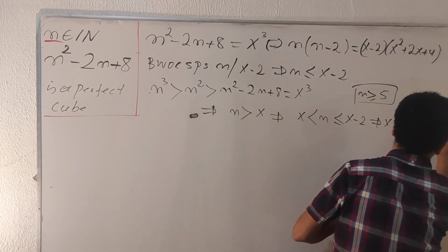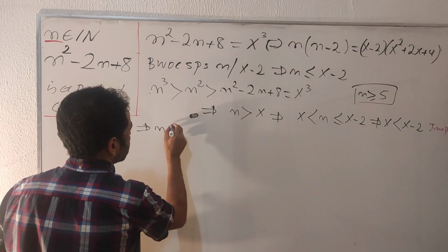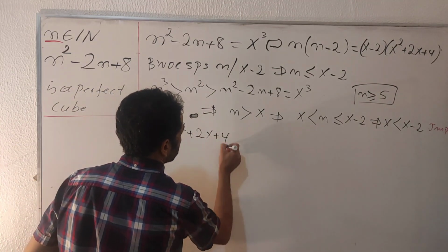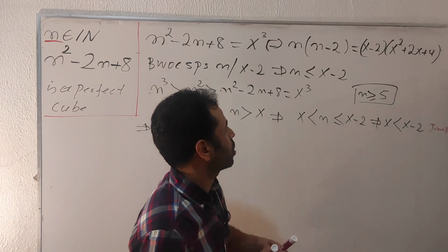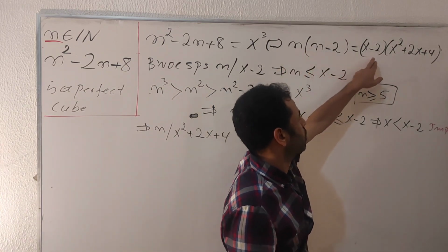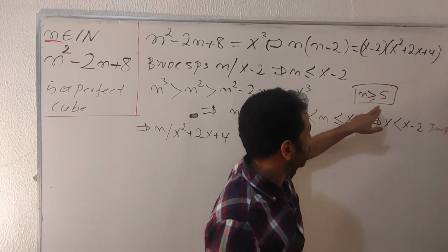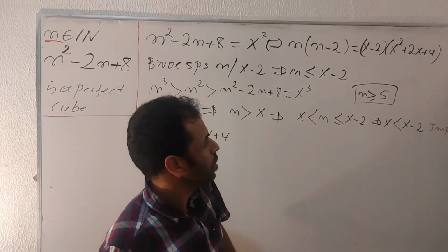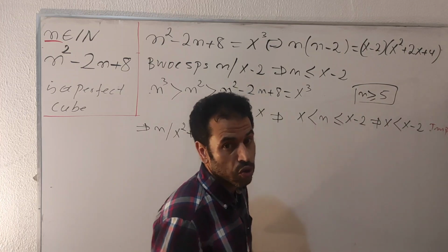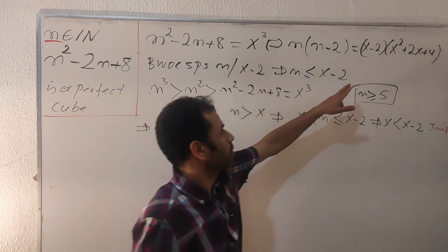So n must divide x squared plus 2x plus 4, because of this contradiction: we forced this one, and n cannot divide x minus 2, which means n divides this expression. But you might ask, what if n is less than 5? You guys are going to check that. You will find it's impossible for n to divide x minus 2 for n in 1, 2, 3 and 4.